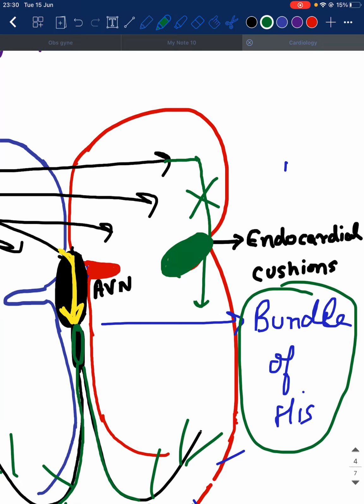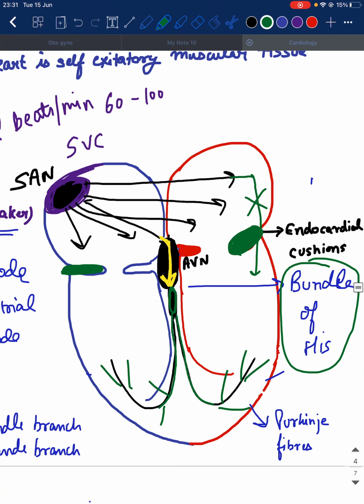There may be some defects like WPW syndrome, that is Wolff-Parkinson-White syndrome, in which there is a connection, but right now we are not learning that. We are learning only the normal things. So there are endocardial cushions preventing it.